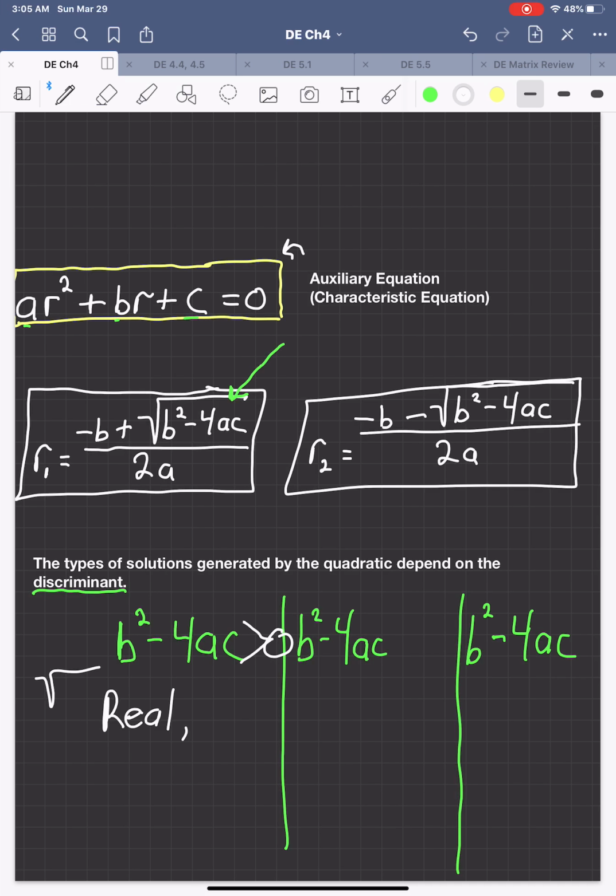You would have two, both real and distinct solutions. That's important that you stay with me on this, because each of these three cases is, if I can recall, its own section in the book. It's possible two of them are in one section and the third is in another. But the first case is, if you have a positive number inside the square root, then you would have two distinct real solutions.